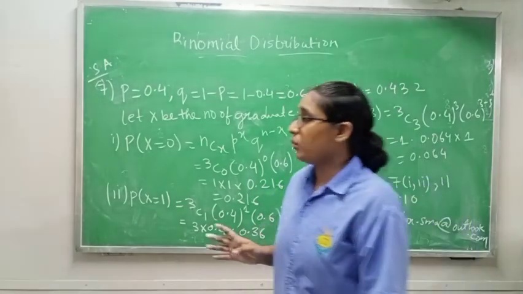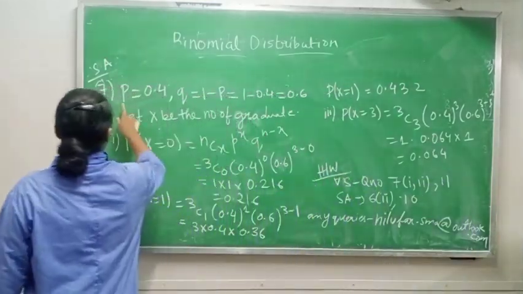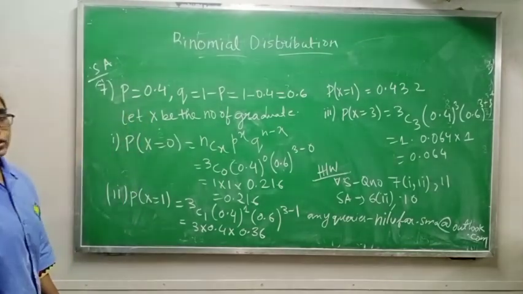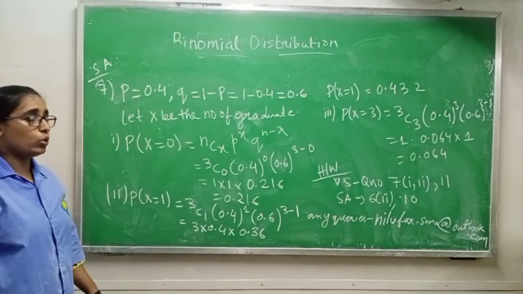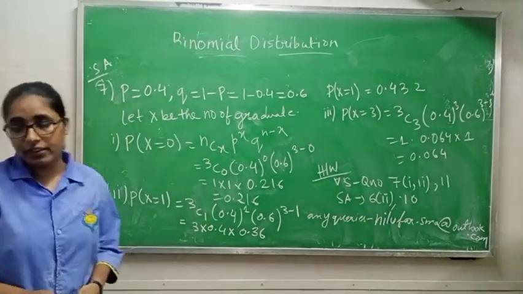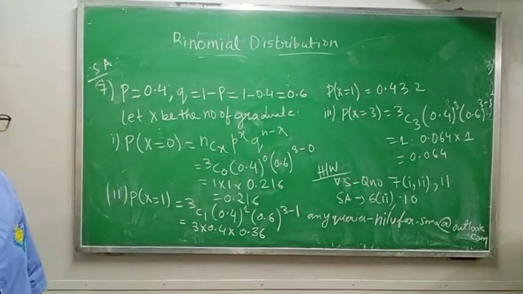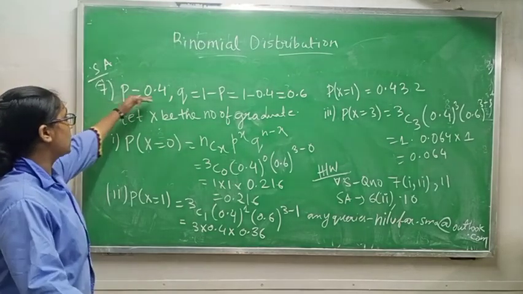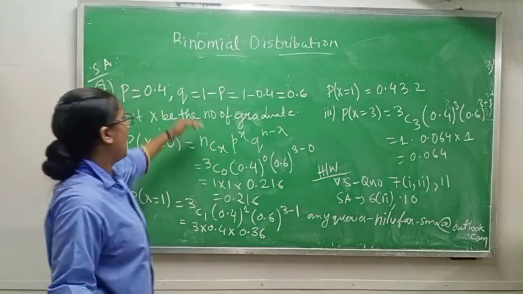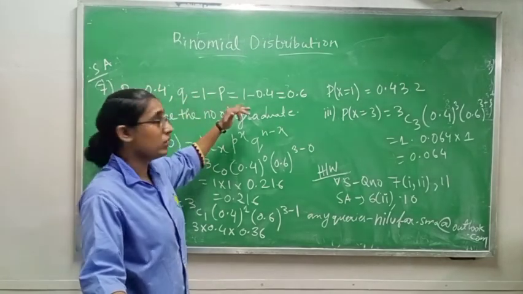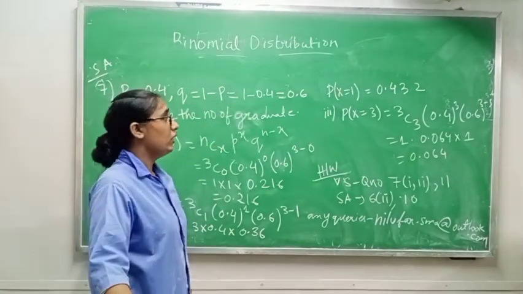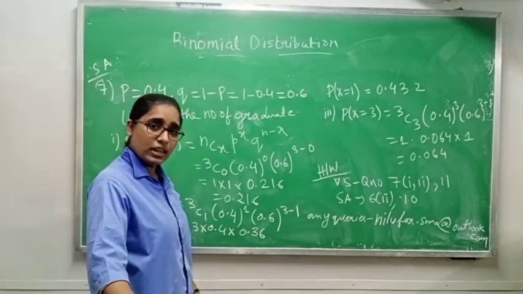The probability of graduation is P equals 0.4, which means the success rate is 0.4. The failure rate is Q equals 1 minus P, which is 1 minus 0.4, and I am getting 0.6.